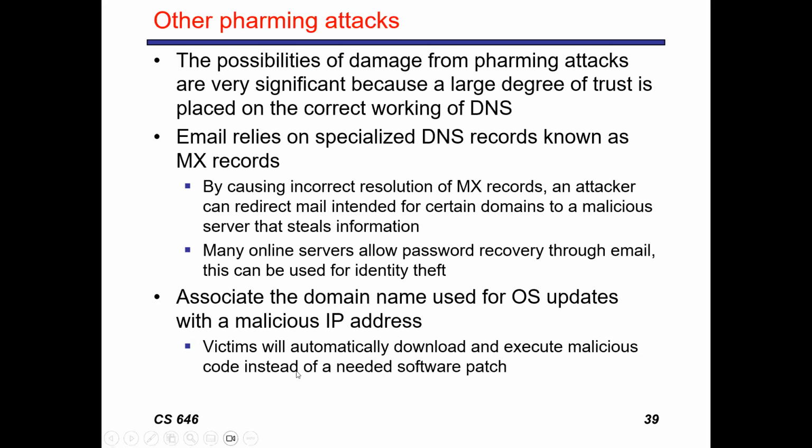So what if the attacker manages to change these MX or mail exchange server records, and then the emails, instead of going to the actual mail servers, will be forwarded to the fake mail server. In other words, the attacker will be able to read and compromise the information in those emails.